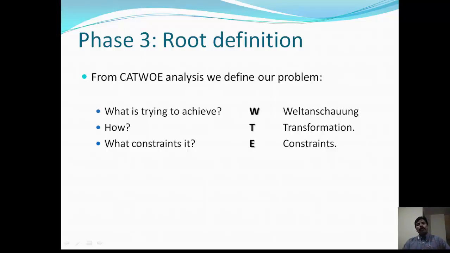But we are going to use three elements: the Weltanschauung, the transformation process, and the constraints or the environment. We need to know what it's trying to achieve, how it is trying to achieve it, and what constrains it, or what parts of the environment make things better or worse in terms of this system.